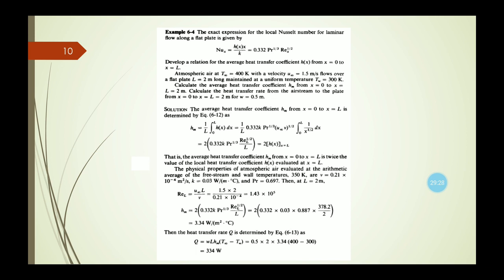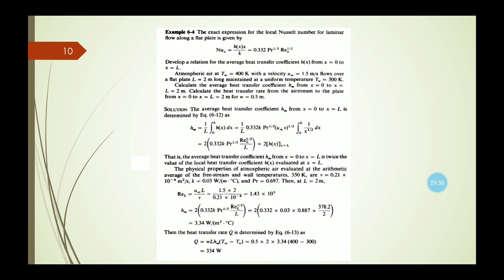The value of the Prandtl number is also given, that is 0.697, and the Reynolds number we have just calculated, that is 1.43 × 10^5. Now if we put all these values in this equation of the average heat transfer coefficient, then ultimately we are getting the value of the average heat transfer coefficient as 3.34 watt per meter square degree centigrade.